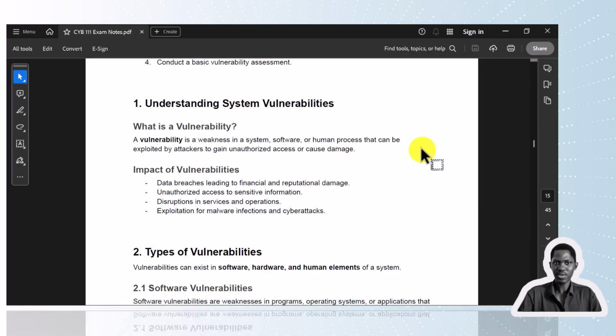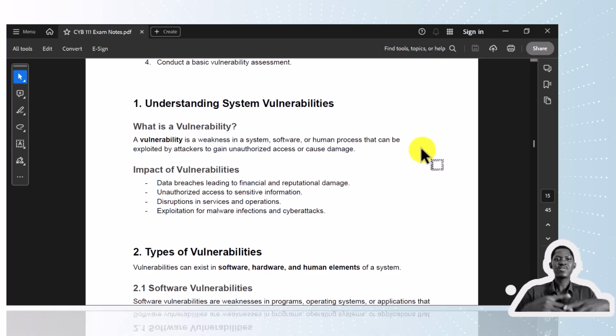It could be the process that they exploit, it could be the software, it could be the system. If it's a weakness that cannot be exploited by attackers to gain unauthorized access or cause damage, that won't be a vulnerability, right? But it is a weakness that can be exploited by attackers to gain unauthorized access or cause damage. So that's vulnerability in a nutshell.